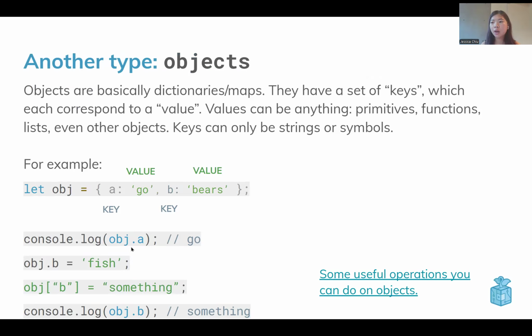Kind of like how we did it for the list, we do the name of the object, square brackets, and then the name of the key. But in this case, we use quotes because it's the string version. And you can also change things using that, and you can just access the value there. So you can see here, you can either use dot notation or bracket notation to access values in our object.